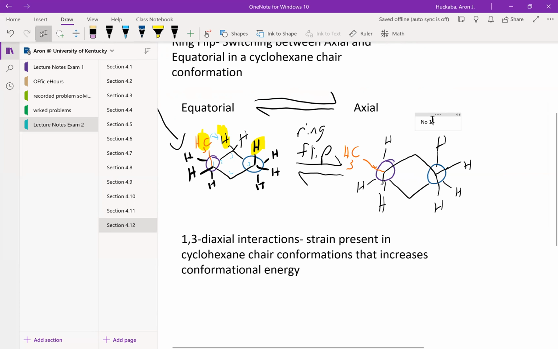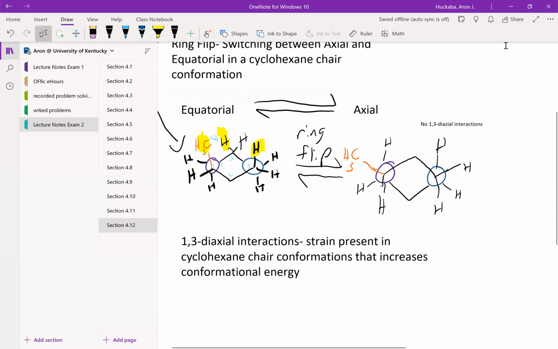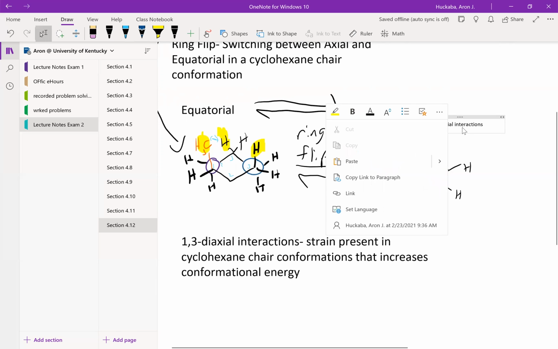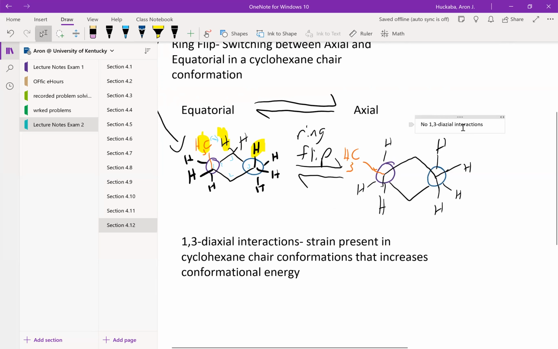No 1,3 diaxial interactions. And why is that? Because equatorial position.